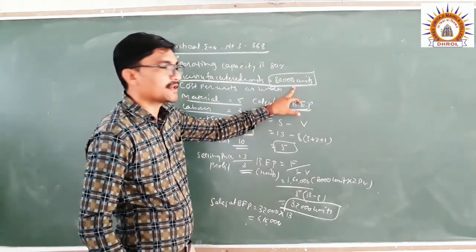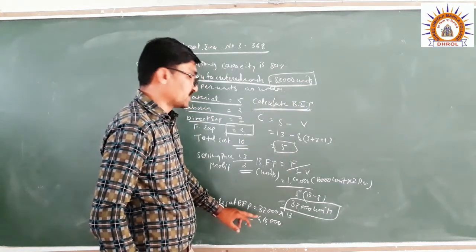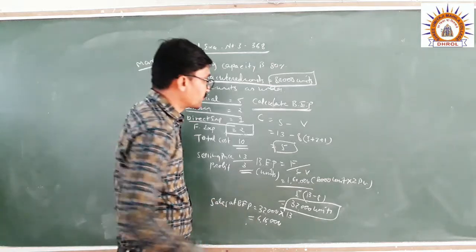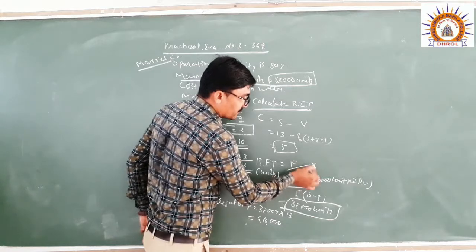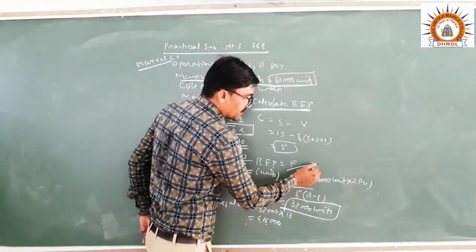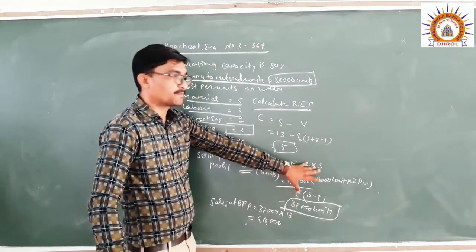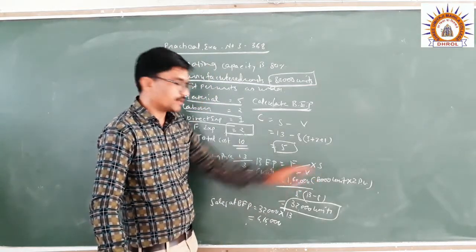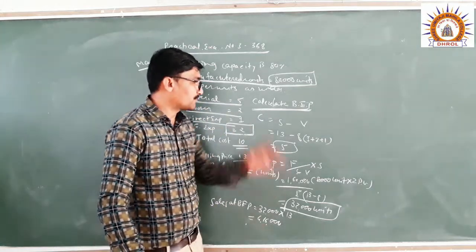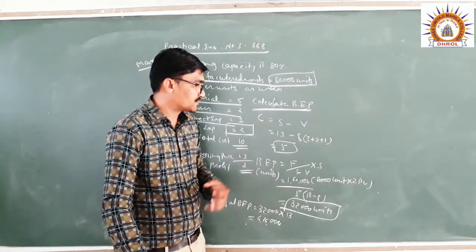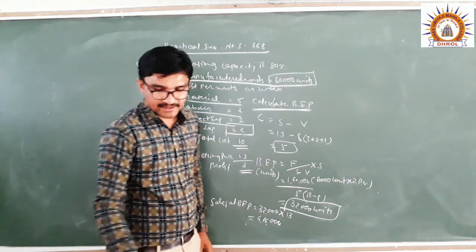It is done with the help of a formula: the unit-related formula multiplied by S gives sales at BEP. So this is your example number 3. I hope you understood, and note it down for your future.